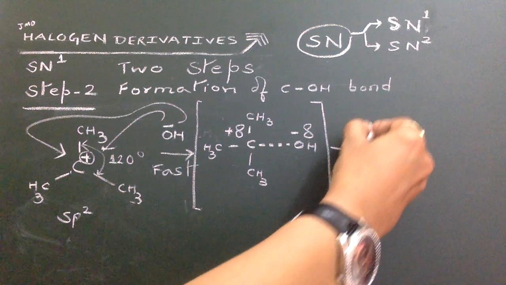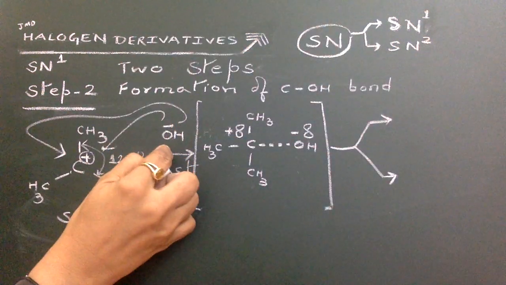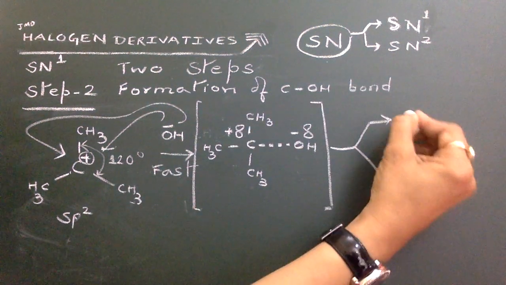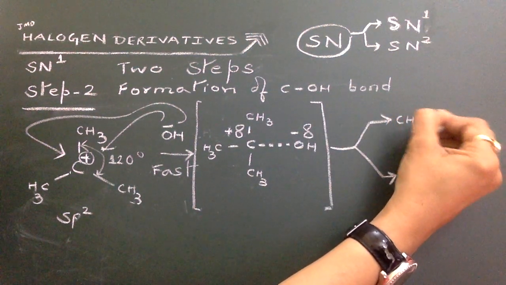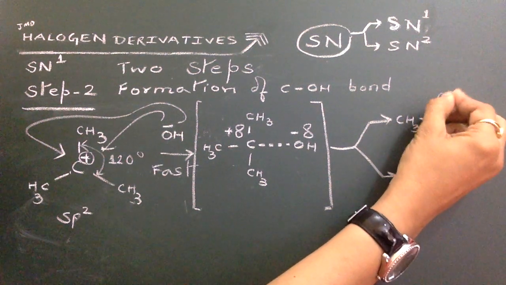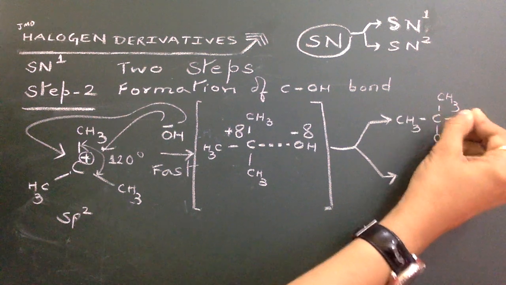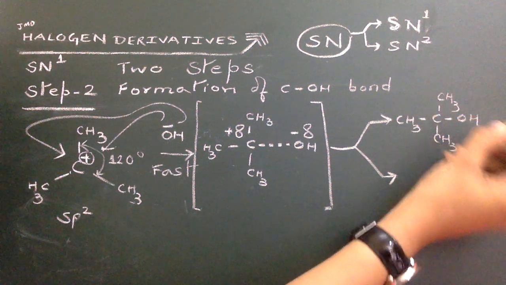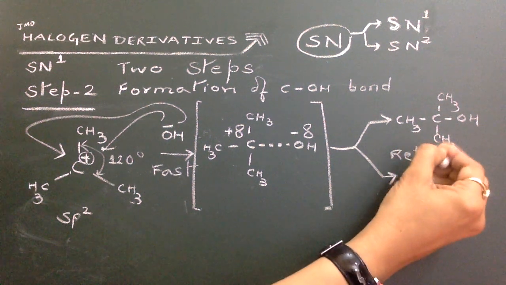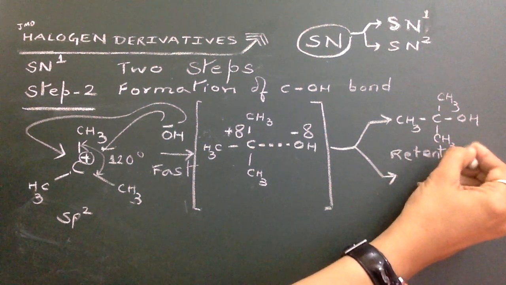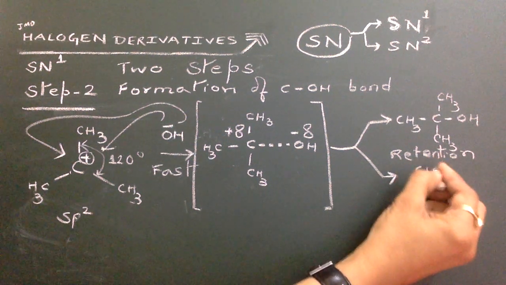Finally, products are formed, as we saw that the nucleophile can attack from the front side as well as from the back side of the place of the leaving group. So, when the attacking group OH comes on the same side as the leaving group, then it is called retention of configuration.